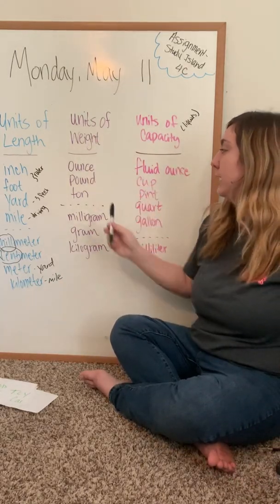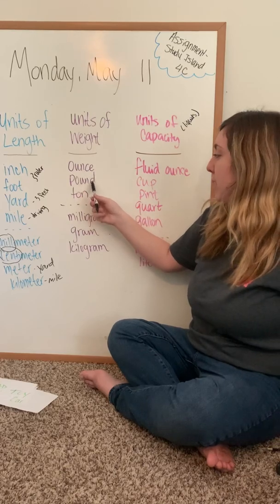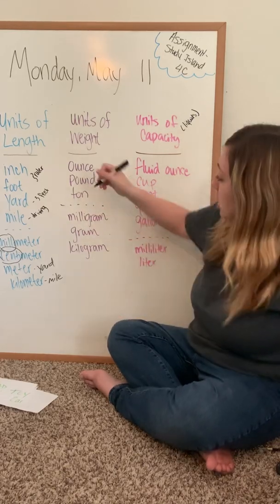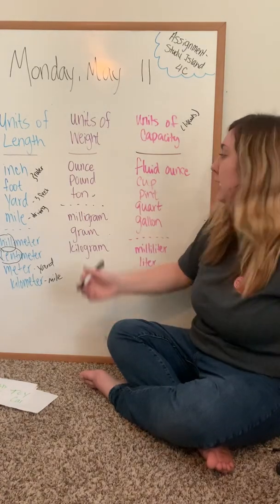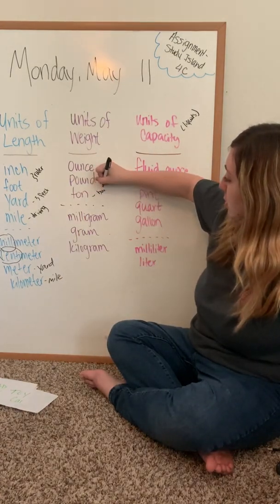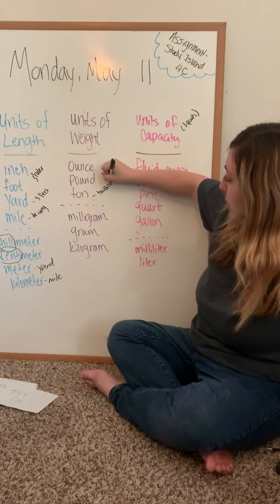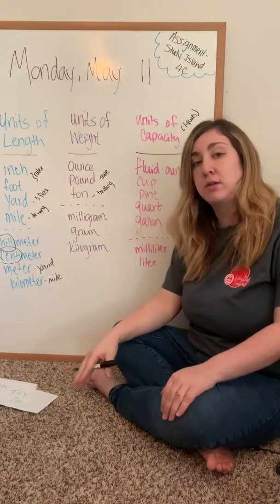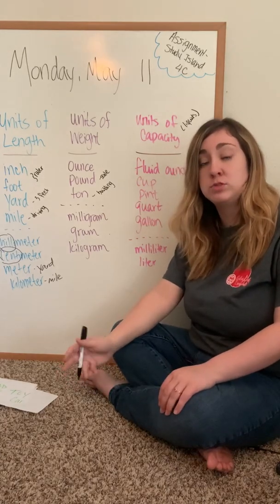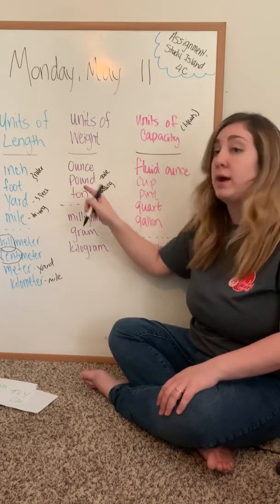Coming over to weight, we have ounce, pound, and ton. Ton is really big, like if you wanted to weigh, say, a building. And pound is like we see on a scale. Like when you step on the scale and see how many pounds you weigh, they're talking about right here.